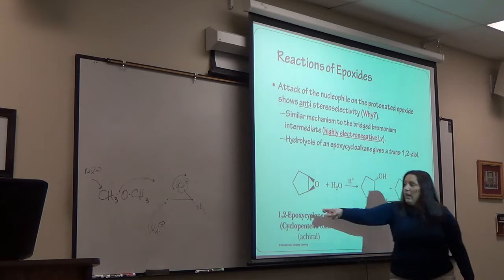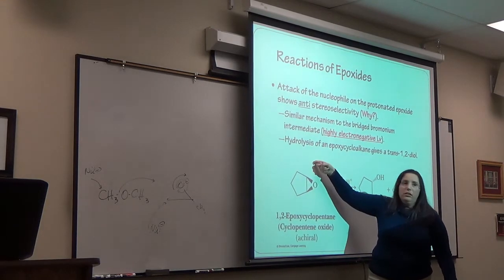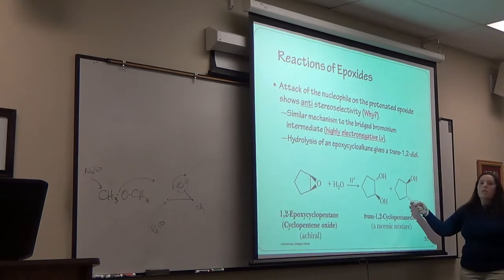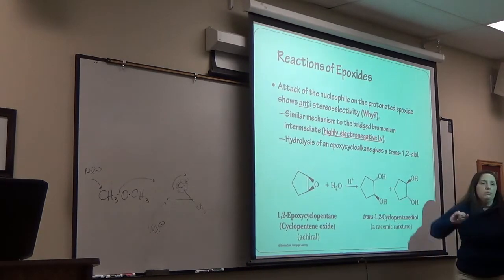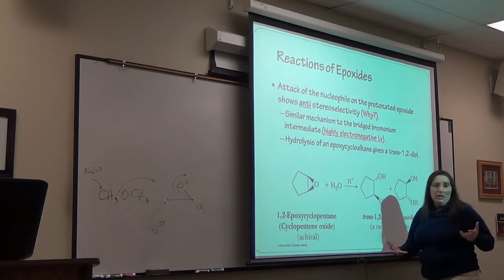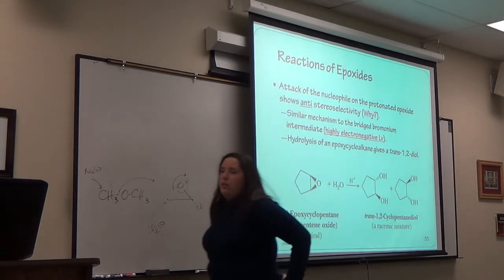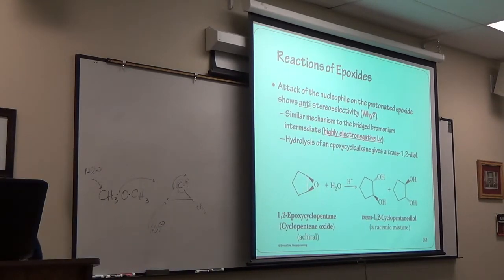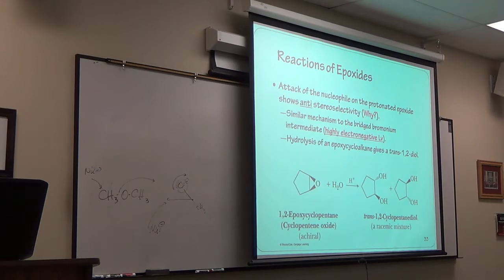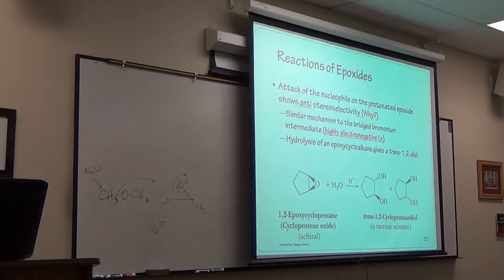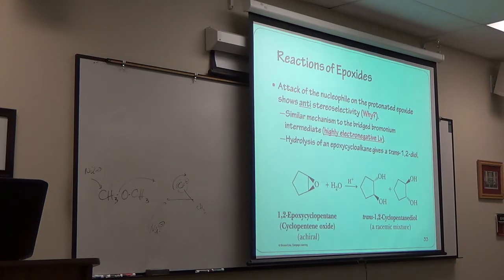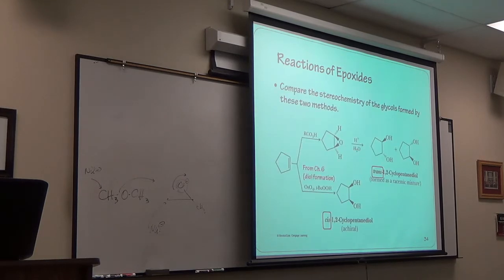The trans that attacks bottom here makes this the top, or if you attack from here, top, bottom. Does that make sense? But anti means you get the trans product. So racemic mixture. Is this making sense? We've seen all of this with, like I said, the bromonium reactions, so the halogenation reactions.